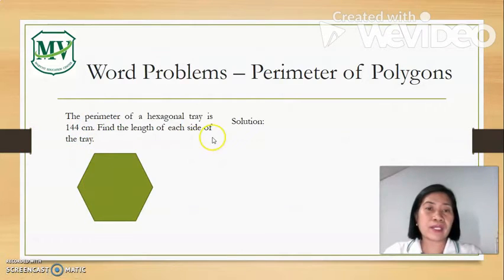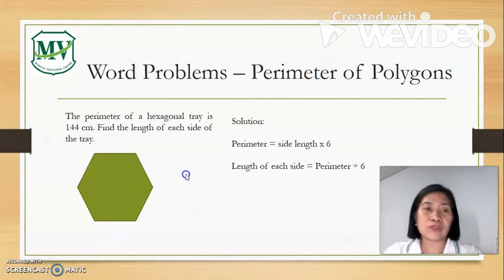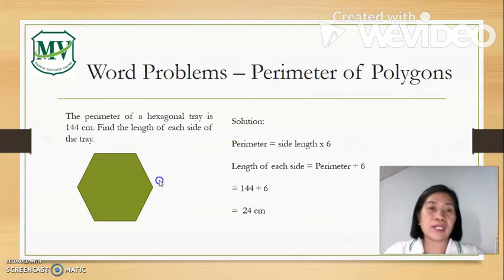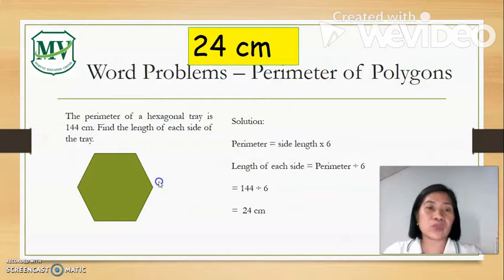So to find the length of each side of the tray, we are going to divide the perimeter by the number of sides of the hexagon, which is 6. So 144 divided by 6 is equal to 24 centimeters. So the length of each side of the tray is 24 centimeters.